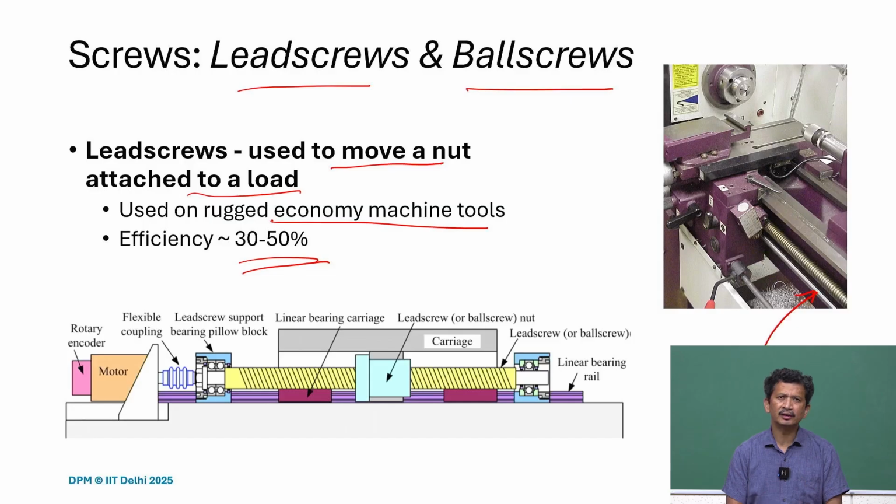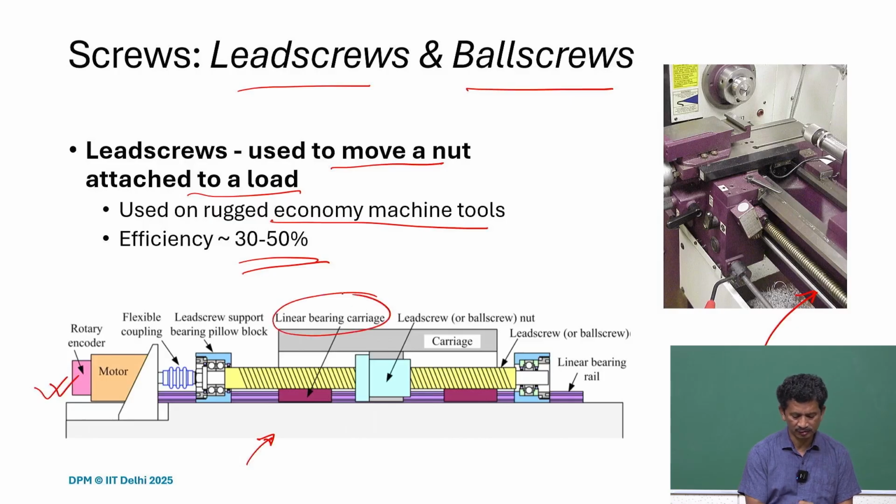If you look at the design, what you realize is the construction, how we are going to place a lead screw or ball screw, the different elements right from the motor, then we have the linear bearing carriage, and we have this screw, and you can see the nut here, and the lead screw mentioned here.